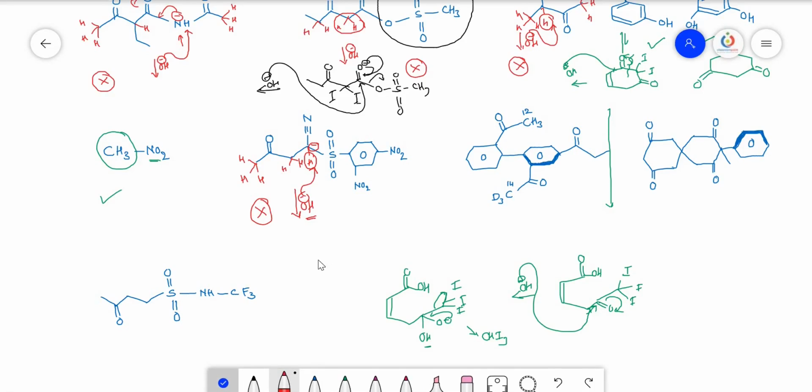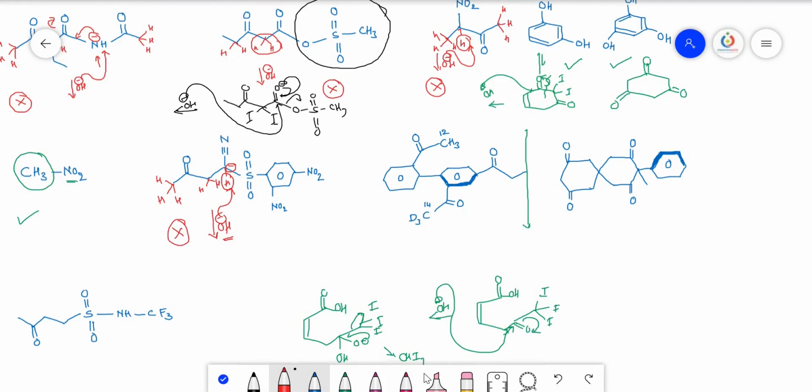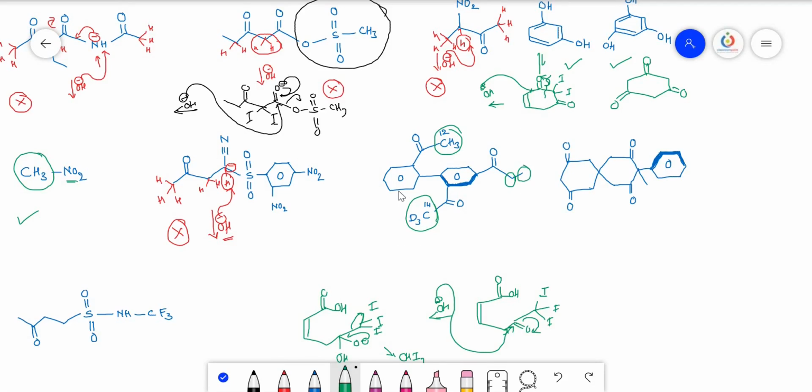Now come to this particular molecule. In this molecule, we can see different types of hydrogens here. One is CH3 here, CD3, and here CH2, here CH3. Among these hydrogens, these two hydrogens are connected to the electron withdrawing keto group, but a plus I group is also there, so if you remove any hydrogen here, the negative charge formed becomes destabilized because of the plus I group connected to it.